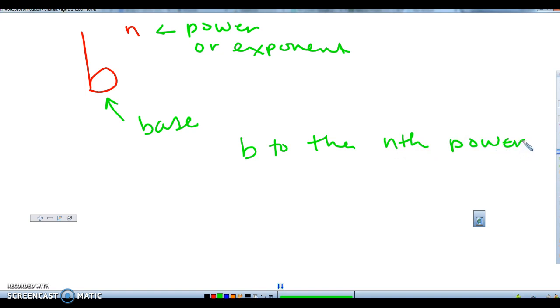And what does that n actually tell us? Well, it tells us how many times we multiply b together. So, for example, if I had 6 to the 4th, that means I multiply 6 together 4 times.